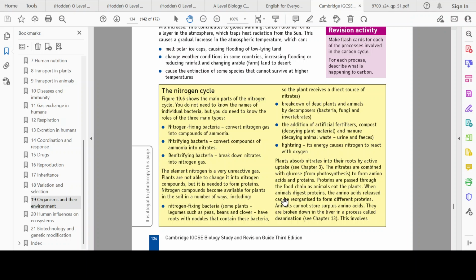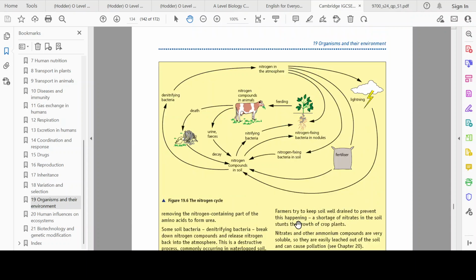Those proteins are digested, the amino acids become available, and the animals make their own proteins. The surplus amino acids cannot be stored, so they're broken down in the liver in a process called deamination. We've studied that.